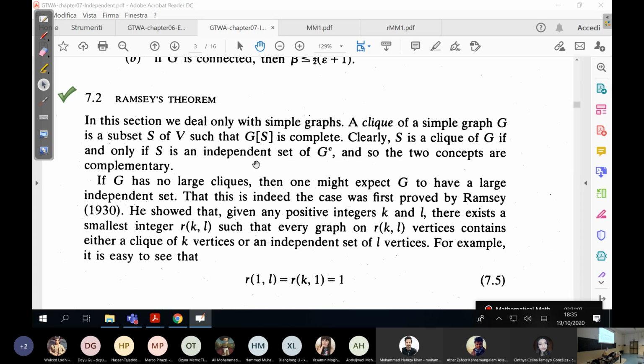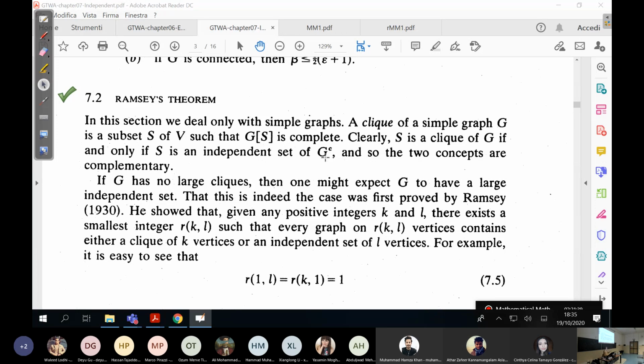What is a clique of a simple graph? A subset of vertices such that the induced graph is complete. So a set of vertices all joined to each other. This is a clique. So if you have quite a lot of edges, do you think it's easier to find big cliques or big independent sets? Big cliques, possibly.